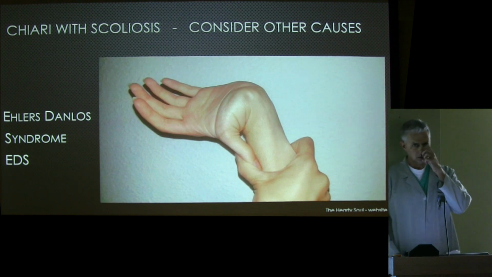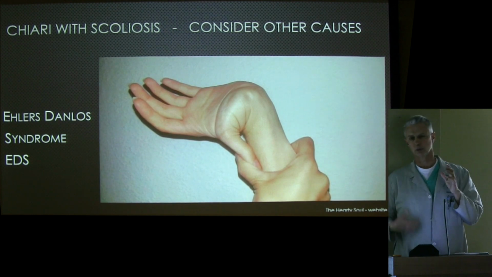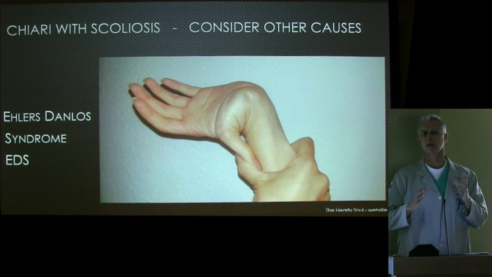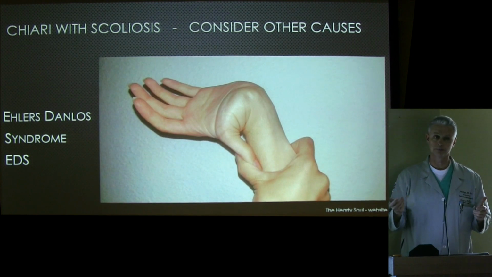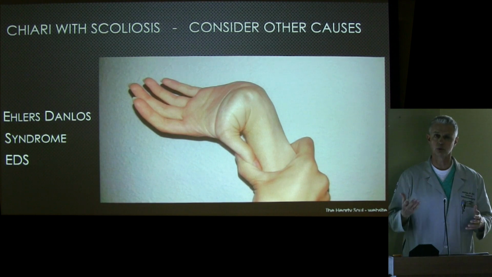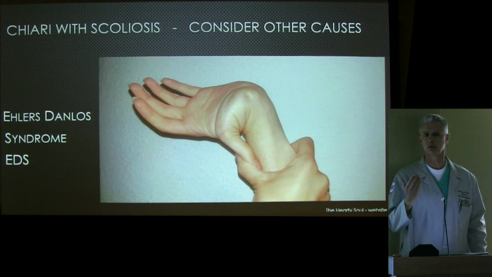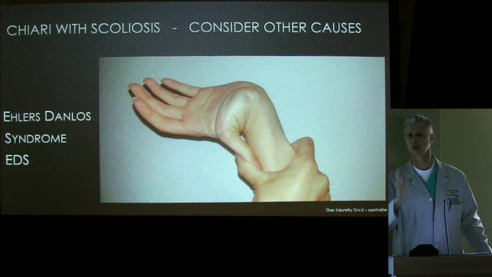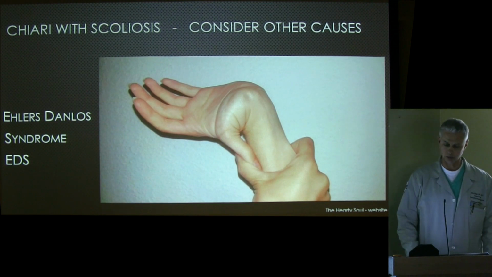So you know, if you operate on a Chiari for scoliosis without a Syrinx and the patient has EDS, things could fall apart, requiring surgical fusion, other things. And the neurosurgeon who says, well, you've got a crooked spine, you got Chiari, you need surgery, and you don't have a Syrinx, this is something that we're learning that we better stand back on.